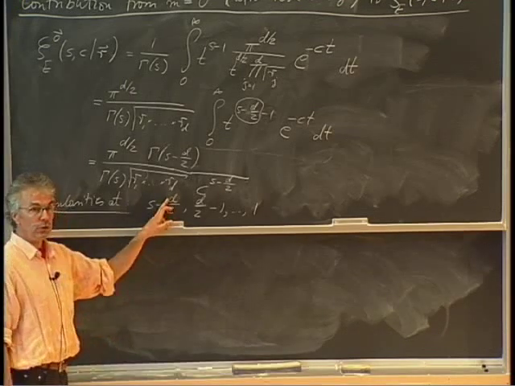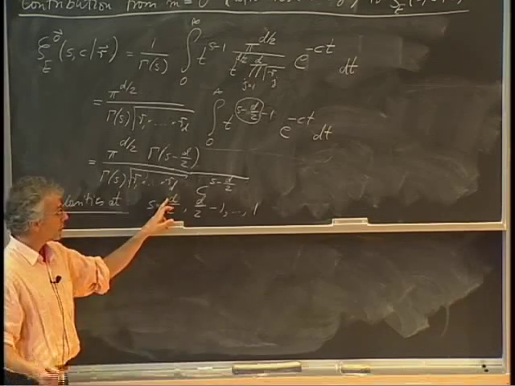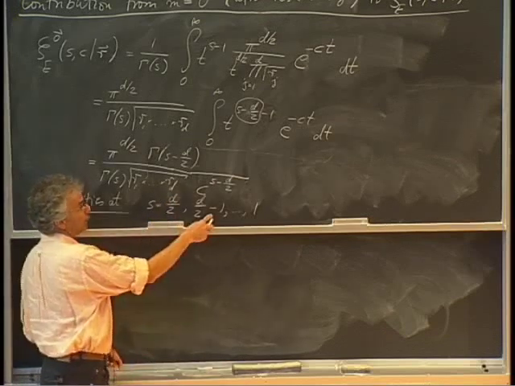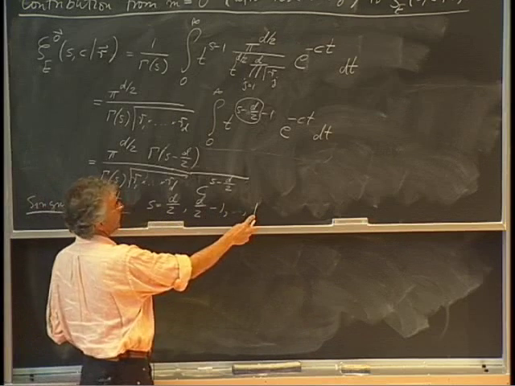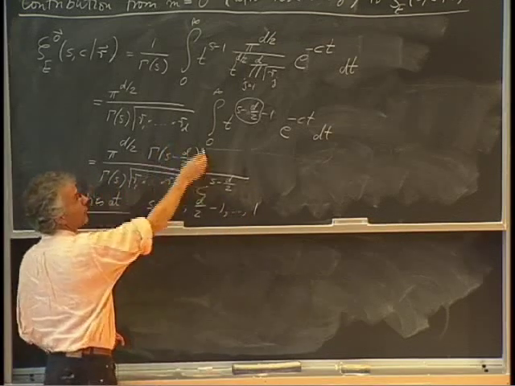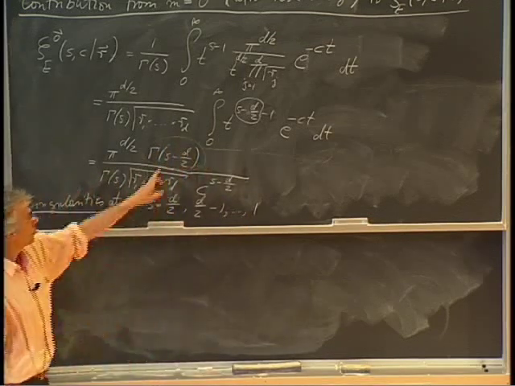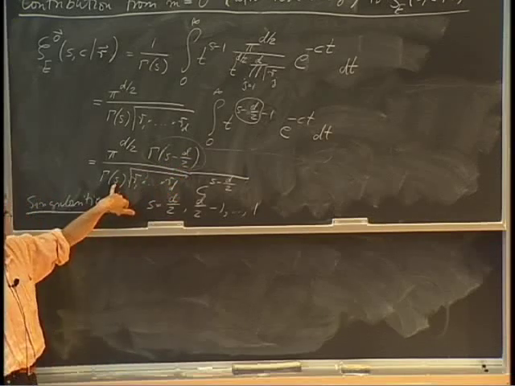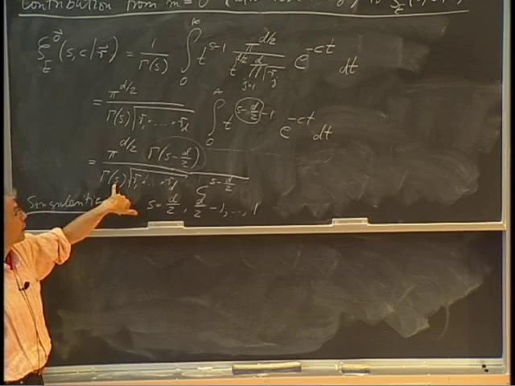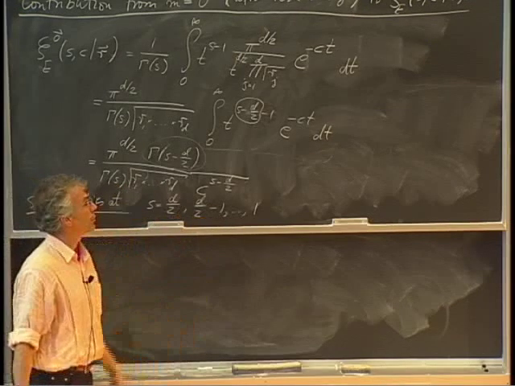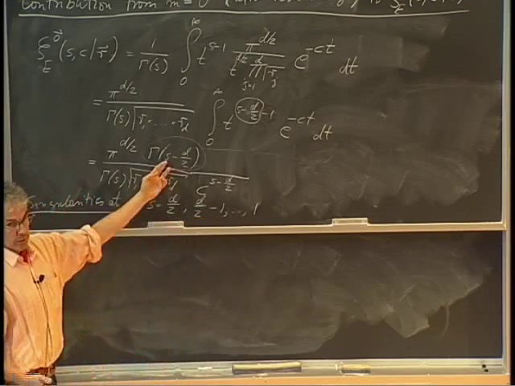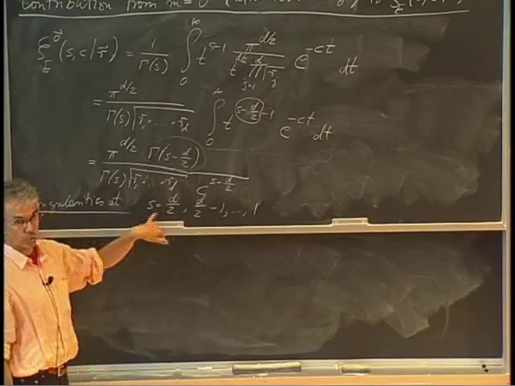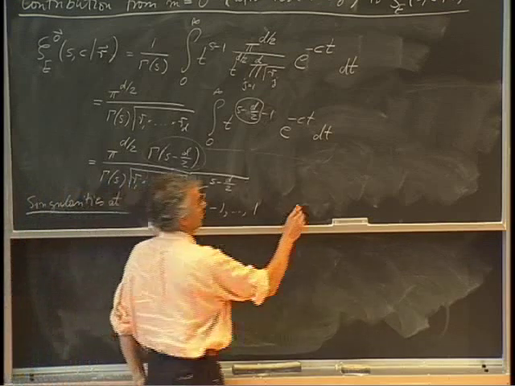If d is even, let's take 6 to not get confused, then there's a pole at 3, at 2, and at 1. This is singular at 0 also, but when s equals 0, the singularity is cancelled by the 0 of 1 over gamma. So there's no singularity at 0. At -1, and so on, you have the same argument. For d even, those are all the singularities.